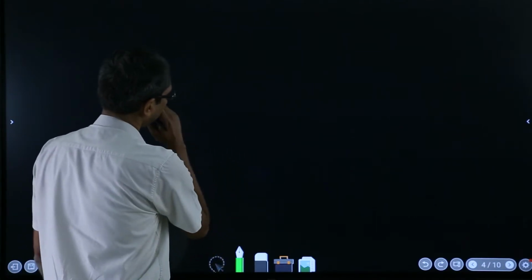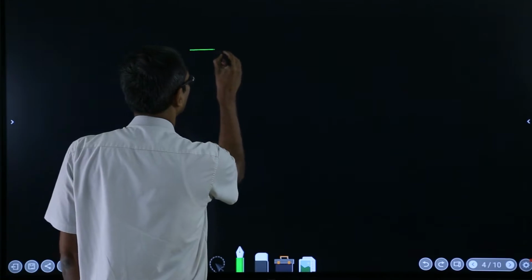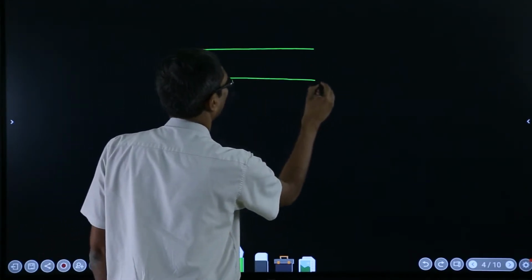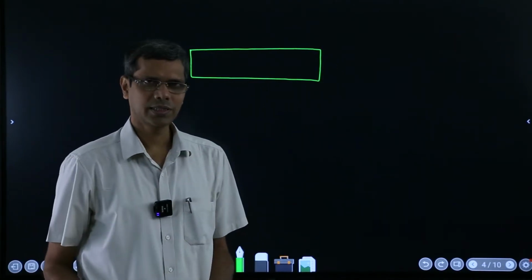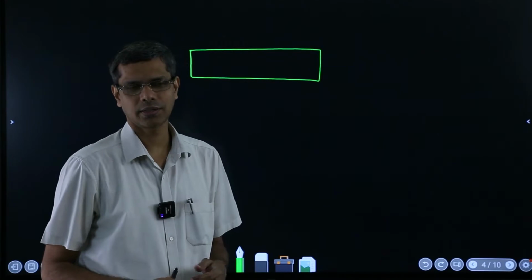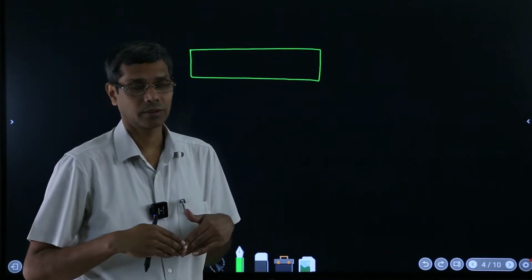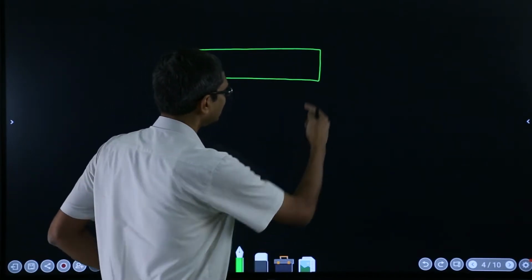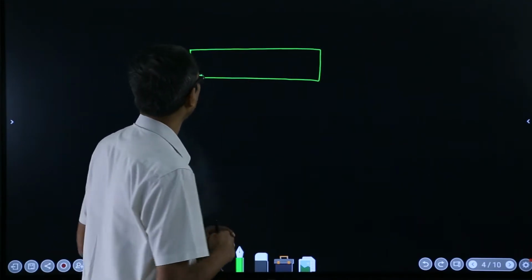So, just see this. Now, suppose we have a prismatic bar like this, and for simplicity, and to consider that the section need not be a rectangle, you can think always that it is an isosceles trapezium. Okay.